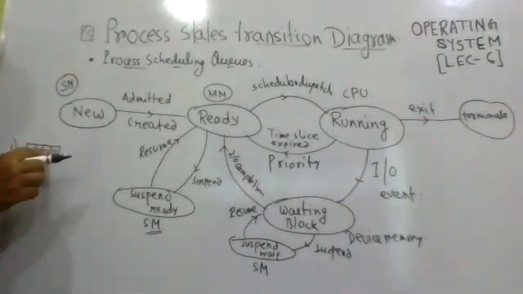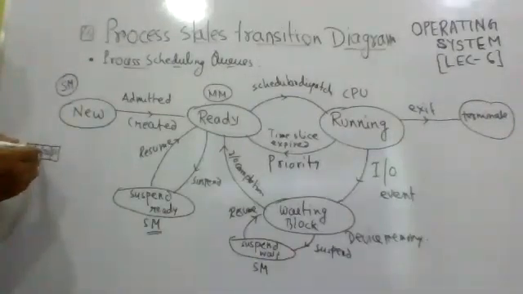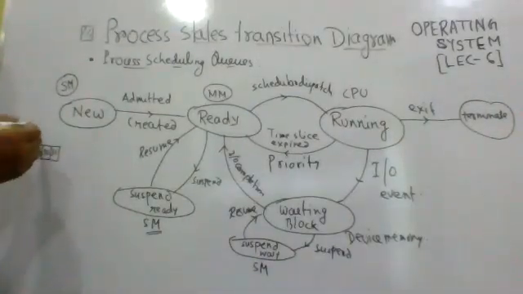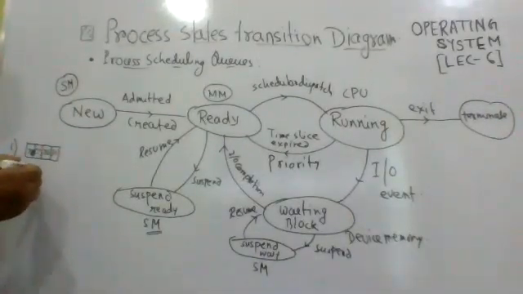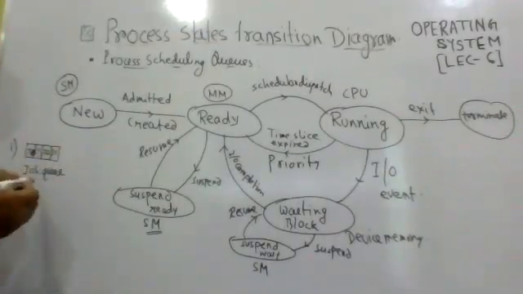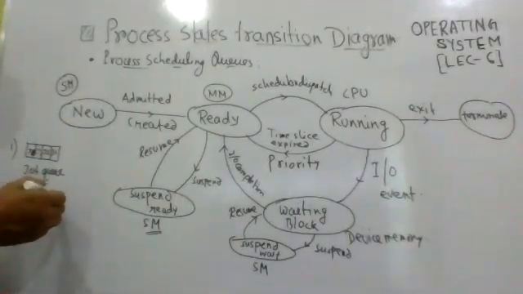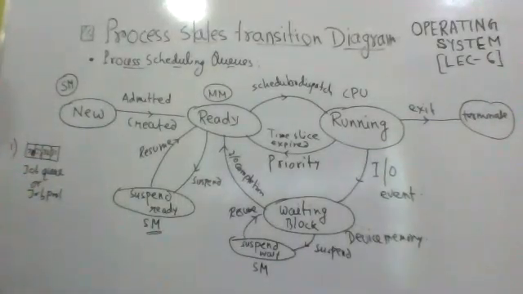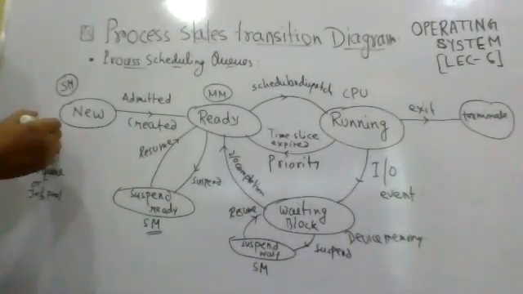So this is job 1, job 2, job 3, job 4, etc. This is our job queue, or sometimes called the job pool, and this is actually secondary memory.